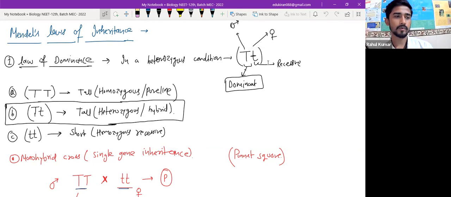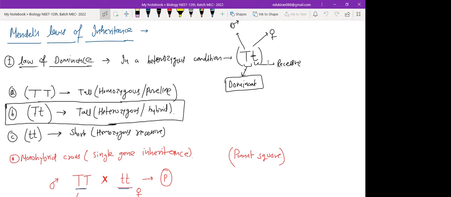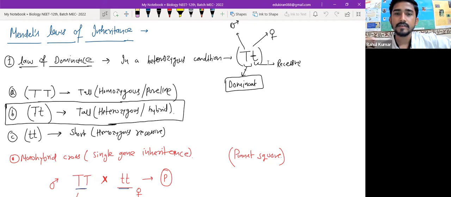What does this law state? It states that one allele is dominant over the other and is always expressed in the presence of the recessive allele, always expressed in a heterozygous condition.